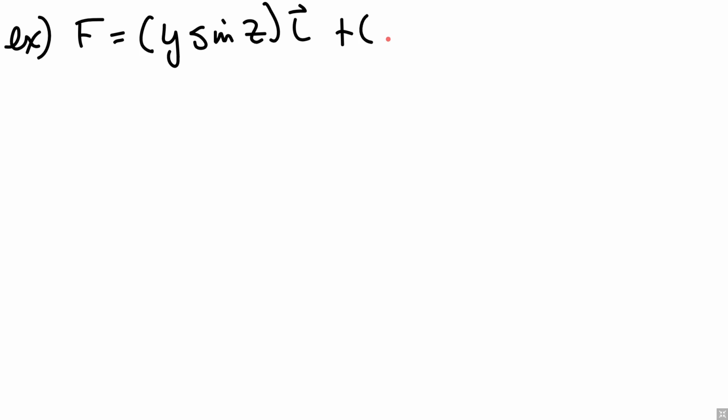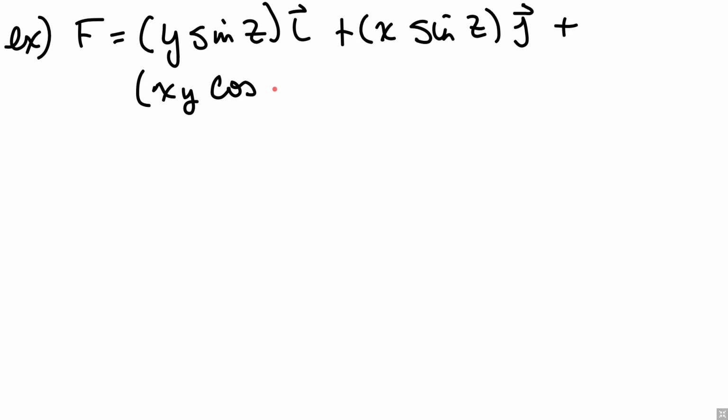So we have the field defined as F is equal to y sine of z in the i direction plus x sine of z in the j plus xy cosine of z in the k. Okay, and what we want to do is to test to see if it's going to be a conservative field.